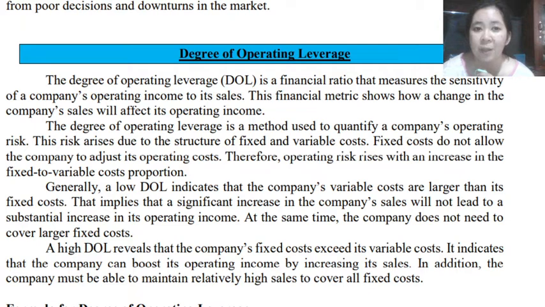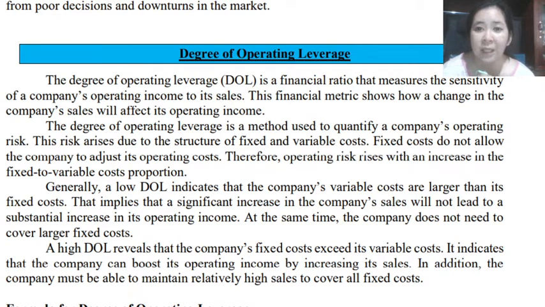Because this risk will be due to the structure of fixed and variable cost. As mentioned earlier, since our cost is part of the deduction from our sales revenue to get our operating income, cost plays a significant role as well.